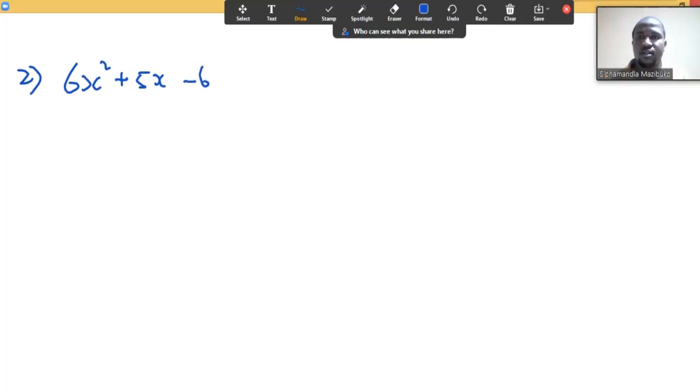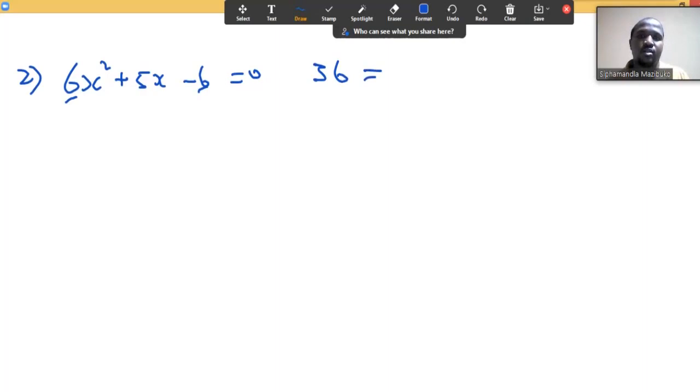Let's quickly look at example 2. In this case we have 6x squared plus 5x minus 6 is equal to 0, and we want to solve for x. We do the same thing: first term 6 and last term 6, so that is 36.